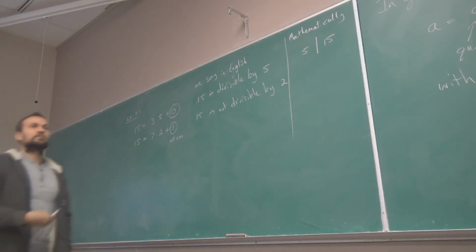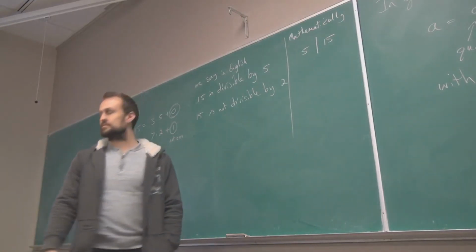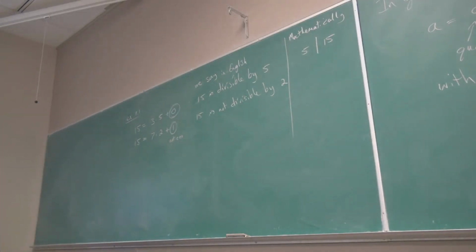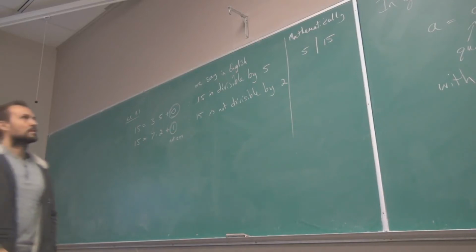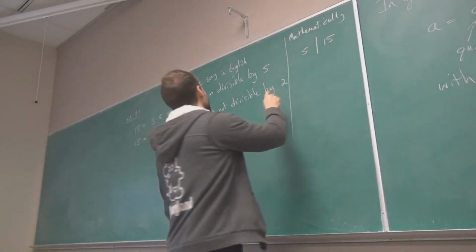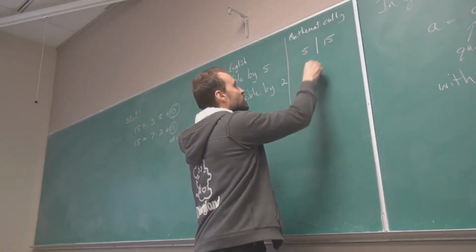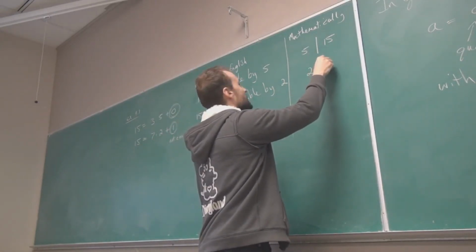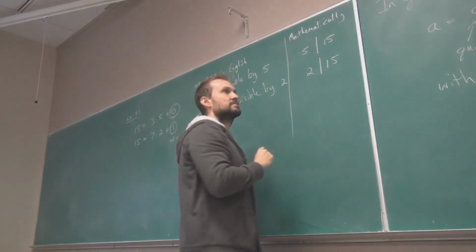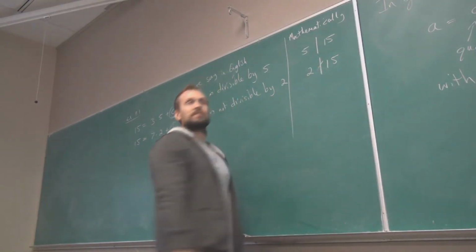And that's our divisibility symbol. And when it's a not, what is the most efficient way to say it's the opposite of this? By putting a little line through it.